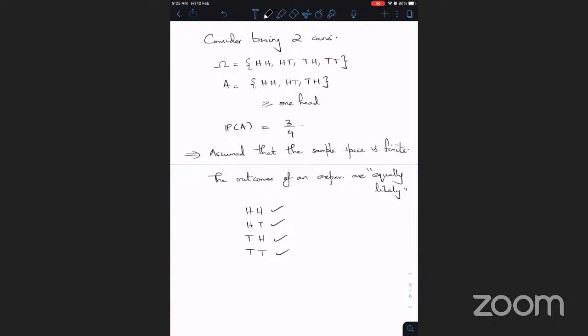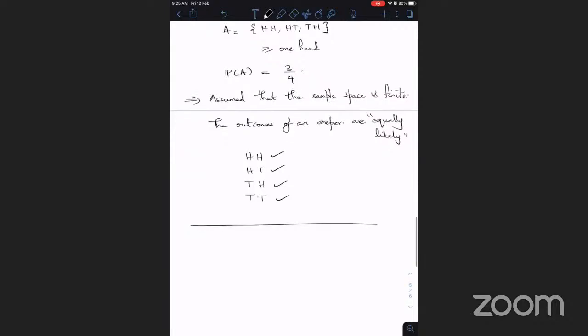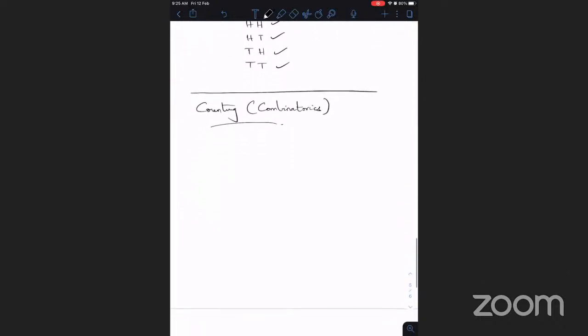So I'm moving on to see why counting is important. This is the naive definition of probability that we have seen. Now let's see why counting is important here. So counting, or combinatorics, is a very vast topic in itself, and I won't be covering all of it in this lecture because combinatorics is just a thing that we need to use in probability.